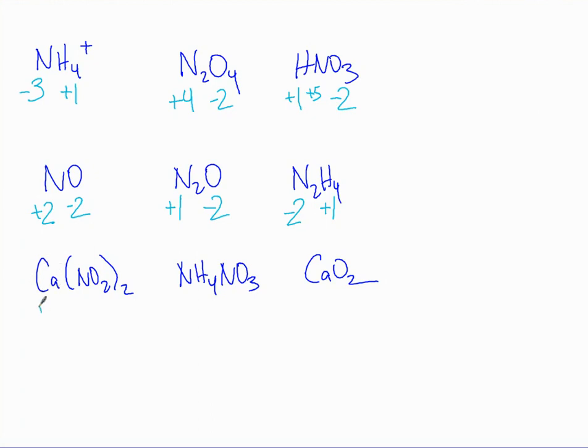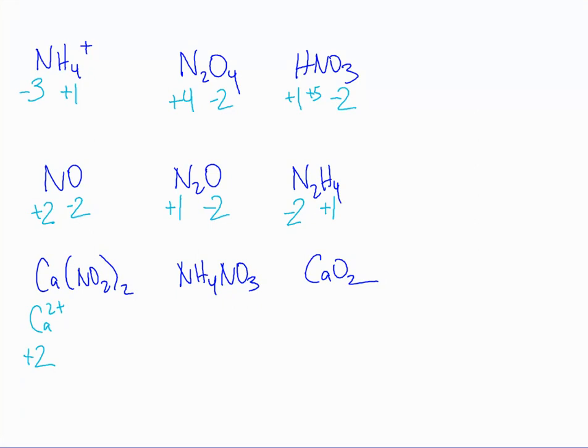Calcium is an ion, and here it has a 2+ charge. It means its oxidation number is +2, and there's only one of them. Overall, nitrate has a -1 charge, and so we have to look at this one.